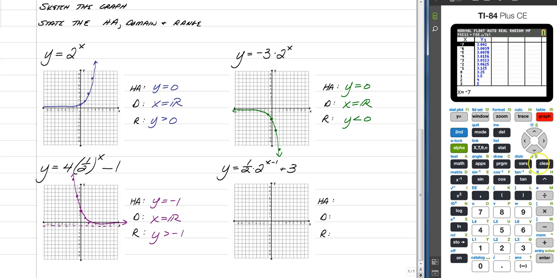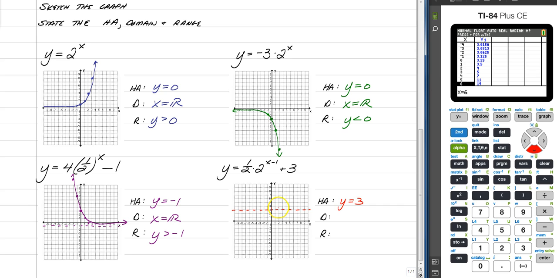So second table, your horizontal asymptote is now going to be at y equals 3, because we shifted up 3. Okay, and now we're just going to go sketch some points. At 0, we're at 3.5, so we're right there.